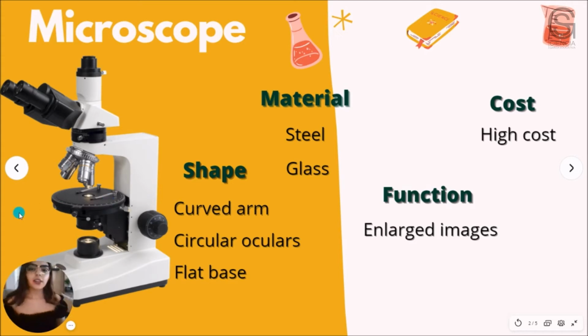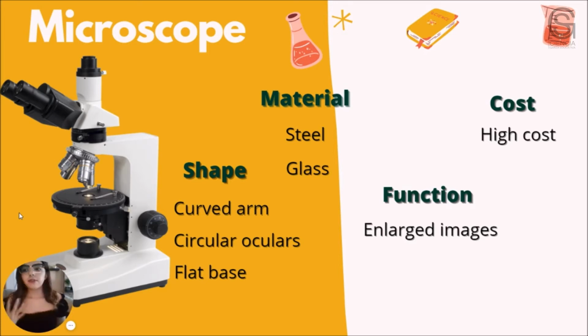So as a second category, we have material, and this microscope, or well, all microscopes are mainly made of steel, but also glass, because of the circular oculars that we already mentioned. And then its function, as I already mentioned before, is to enlarge images in order to analyze them, okay, and observe them with more details.